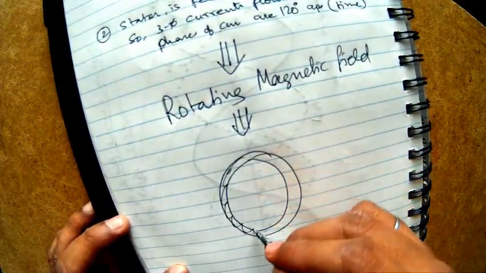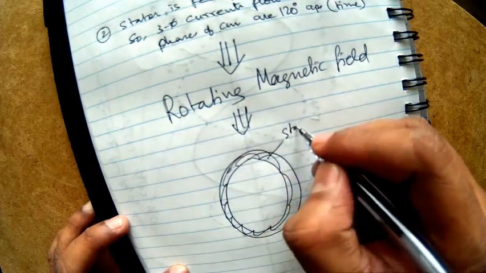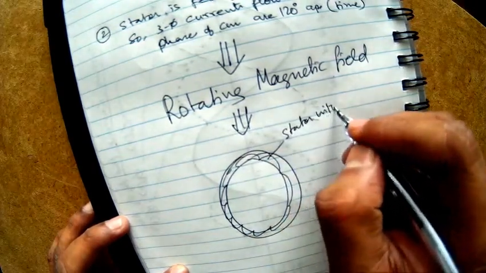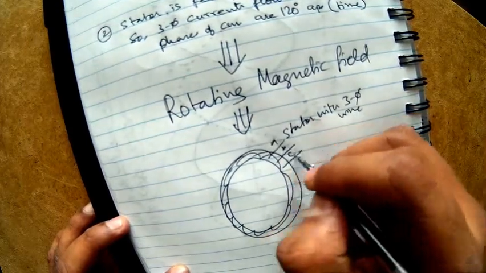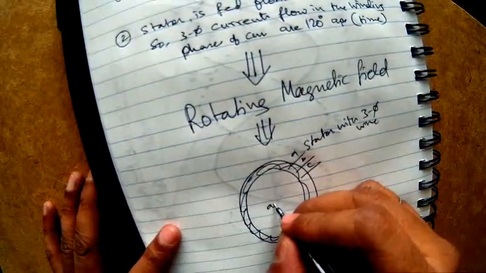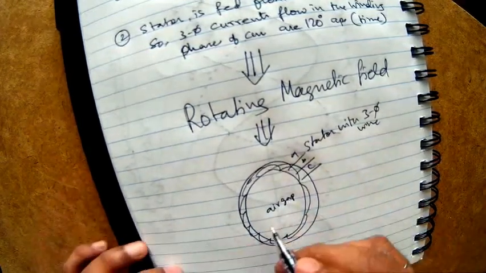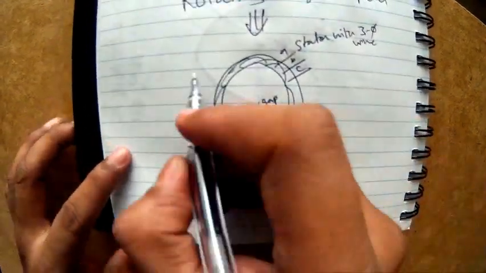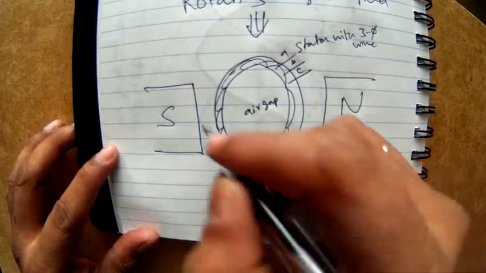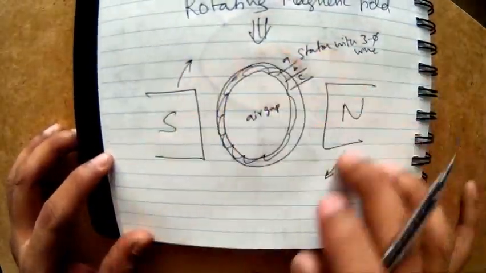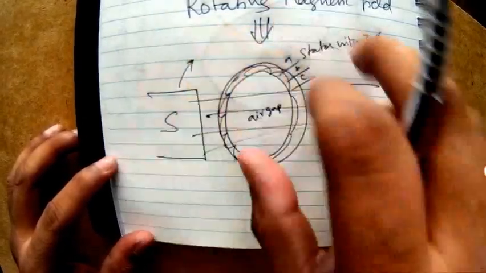Which is nothing but, you have a stator and it has a 3-phase winding with A, B, C, 3 terminals. This is the air gap. Now, as if there is a big south pole here and a big north pole here, and this is rotating. The magnetic field continuously rotates in the air gap.